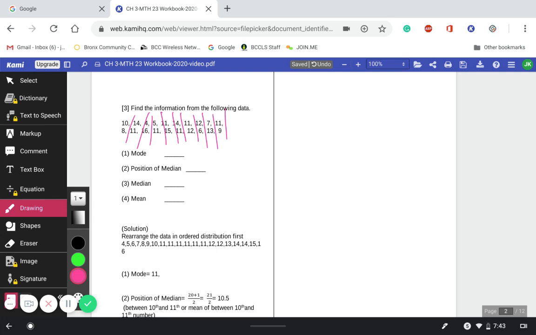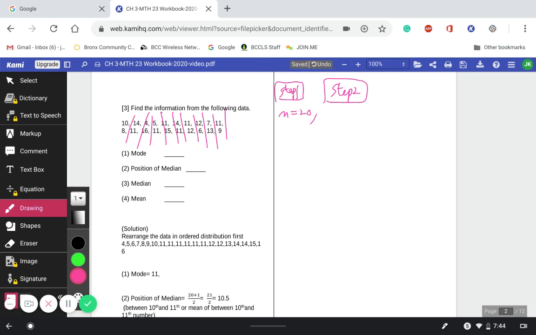So I have n as 20. That's the first thing you do. And step 2, I have to rearrange this in ascending order.